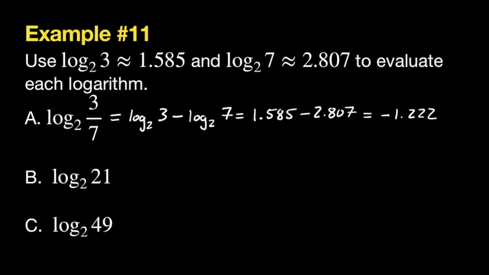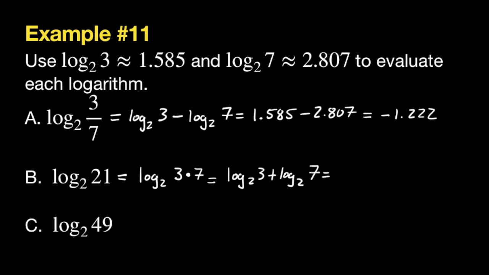We can do the same thing for part B. In this case, we have log base 2 of 21, but we know that log base 2 of 21 can be written as 3 times 7. So we're going to write it as log base 2 of 3 plus log base 2 of 7.